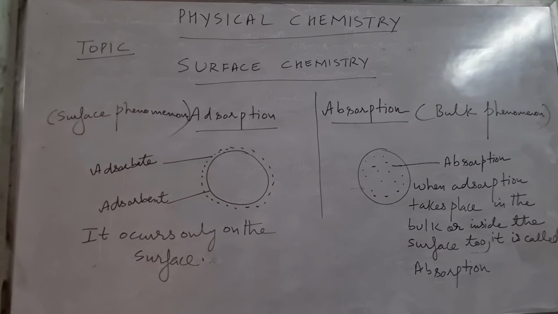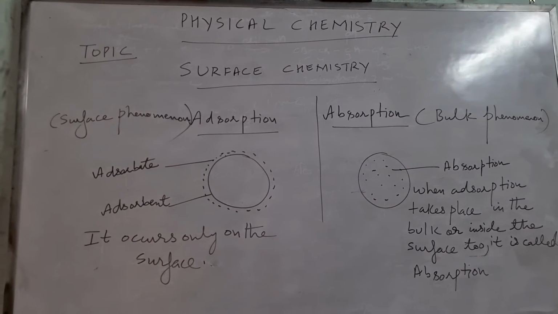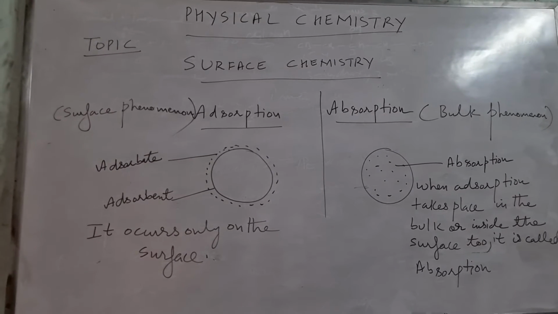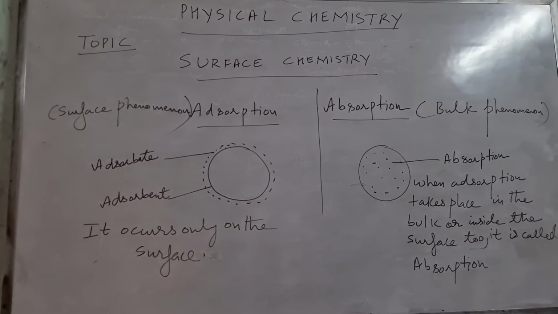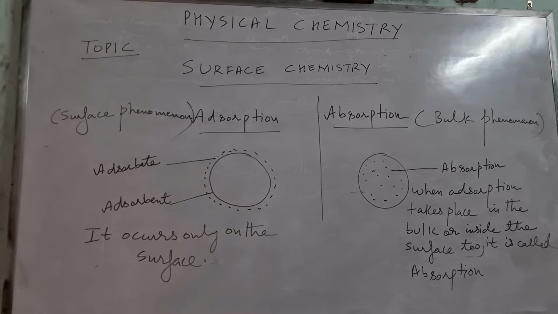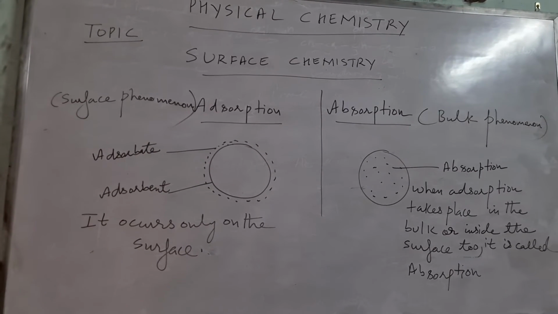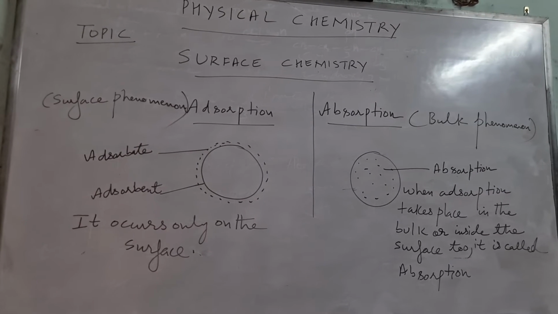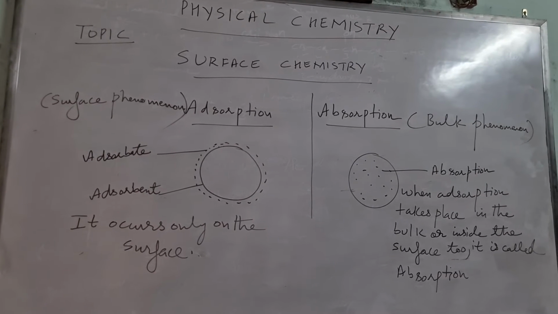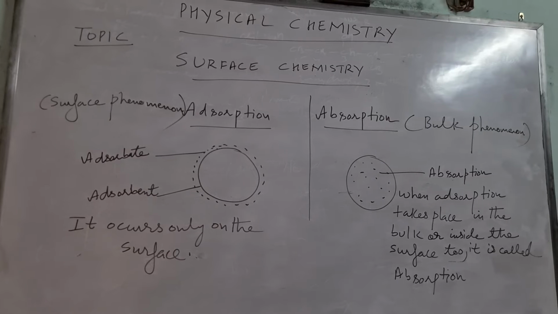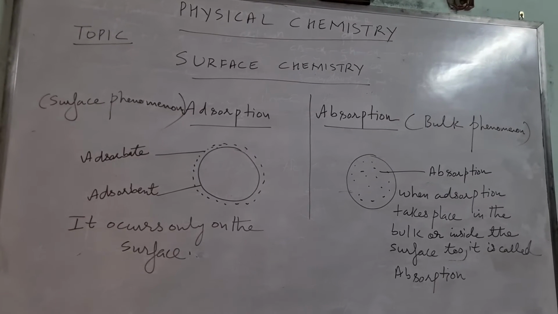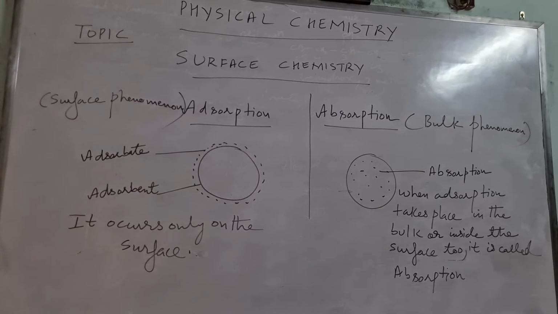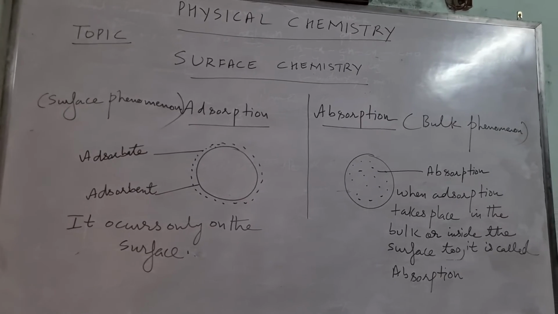But if we further increase the temperature, the rate of adsorption will decrease. Why so? Because when we increase the temperature, initially the chemical bond formation takes place, but with further increase in temperature, the chemical bond formation will stop and chemical bond breaking starts at a very high temperature. Hence, the rate of chemical adsorption decreases.